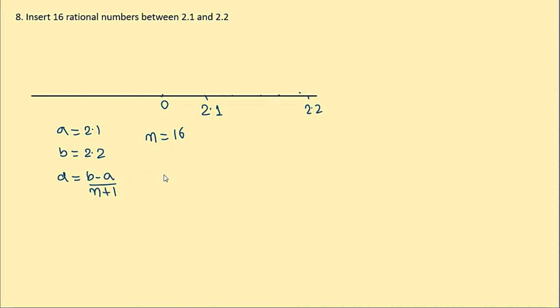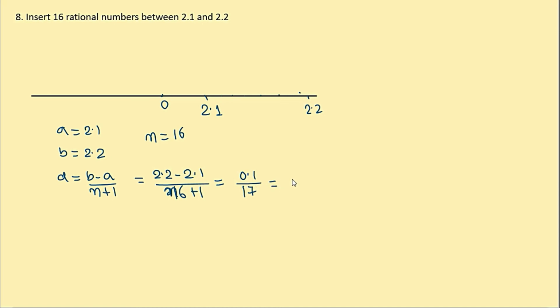Here you will get 2.2 minus 2.1 divided by N plus 1, that is 16 plus 1. So you are getting 0.1 divided by 17. Now if you want, you can convert it into an equivalent decimal.